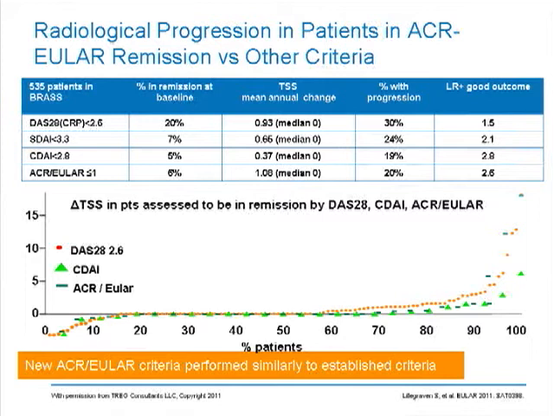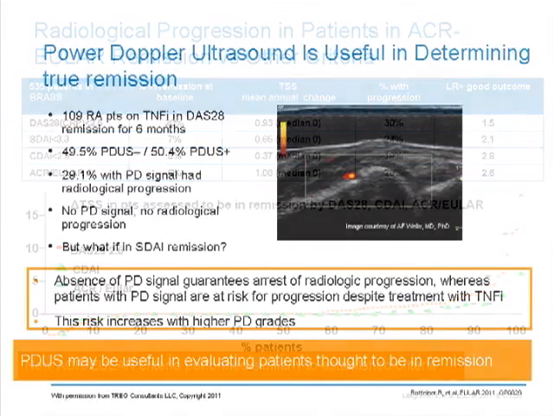But if you take a look at the mean annual total Sharp score change, the percent of patients with progression, and the likelihood of good outcome, and this is very clear on the probability plot, it actually didn't make much of a difference. There was similar progression, except it looks like perhaps slightly more patients in DAS remission versus CDAI, SDAI, and ACR EULAR remission progressed.